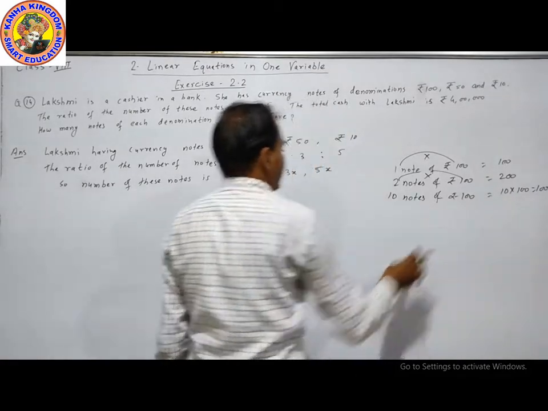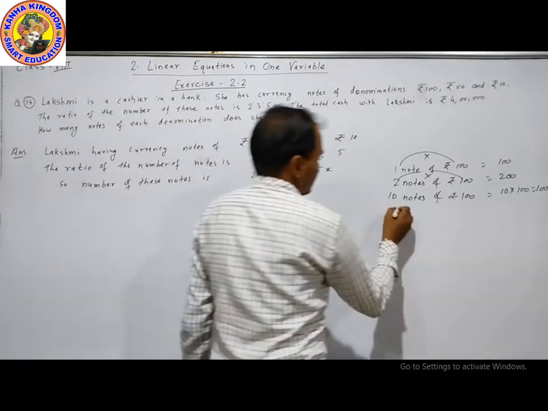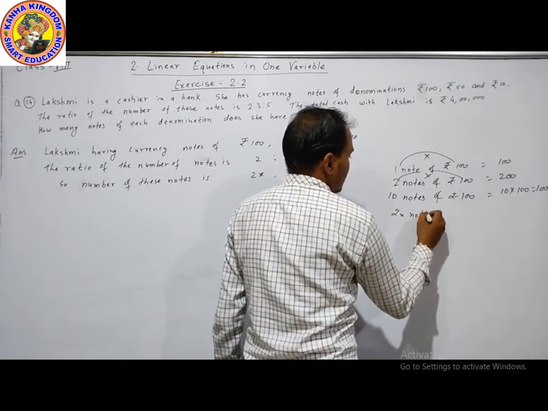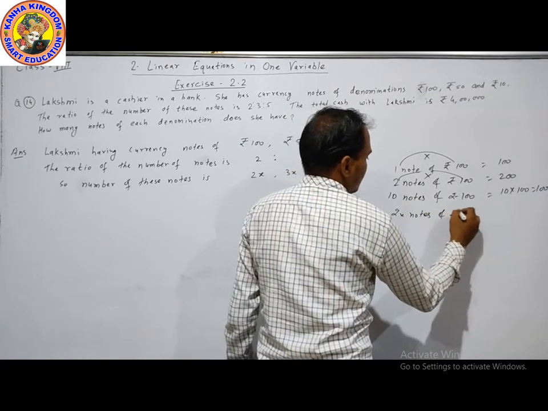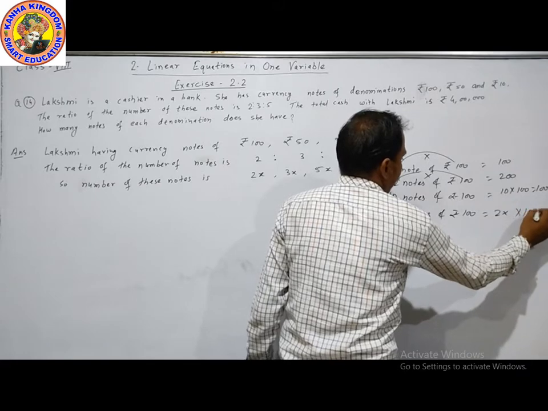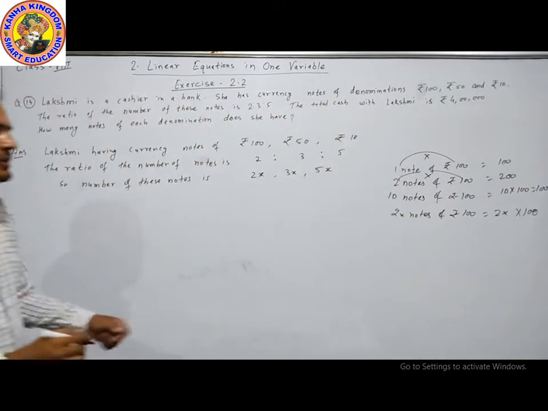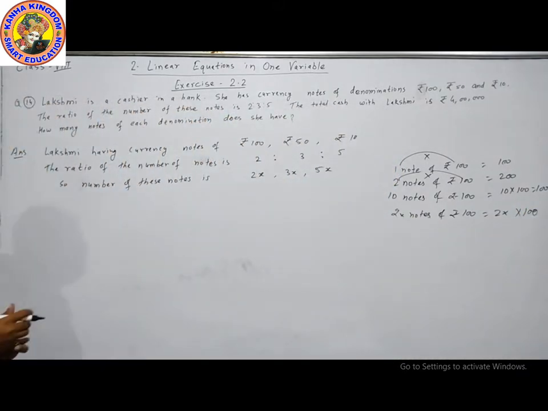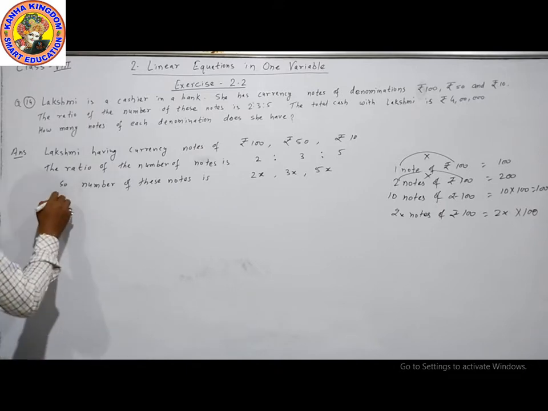Here rupees 100 notes are 2x, so 2x notes of rupees 100 is 2x into 100, which means the total value will be 200x.